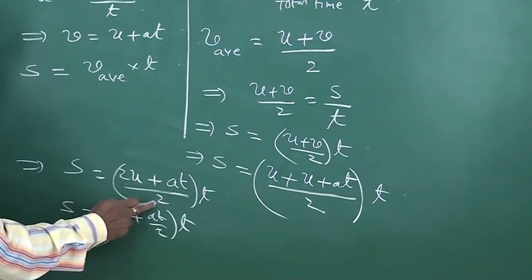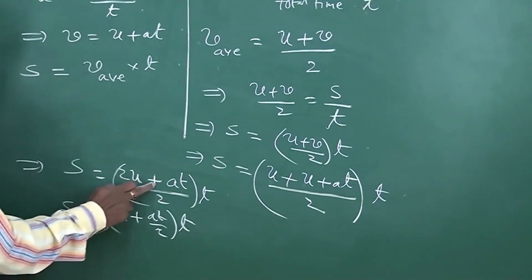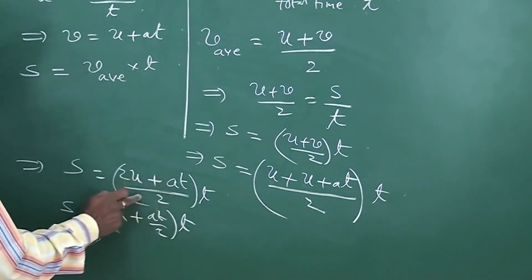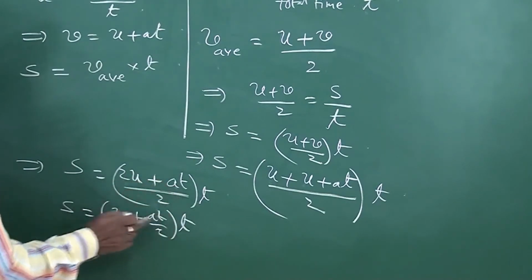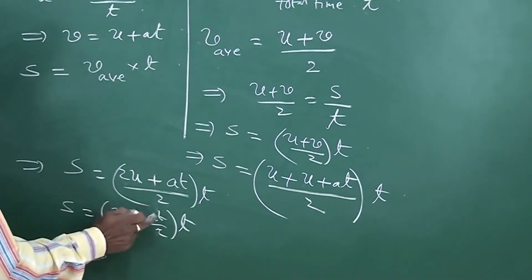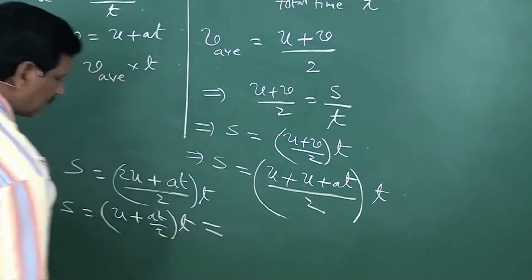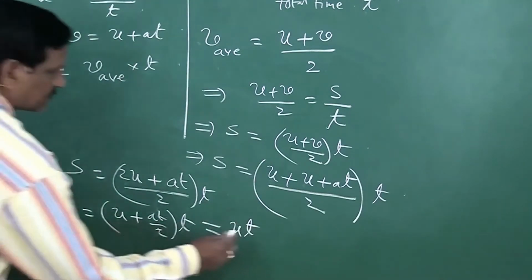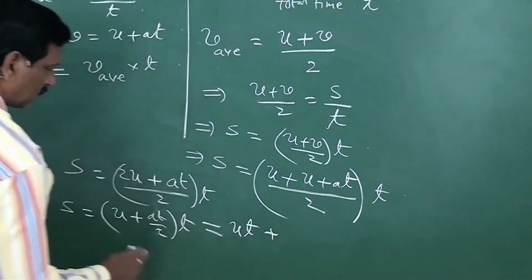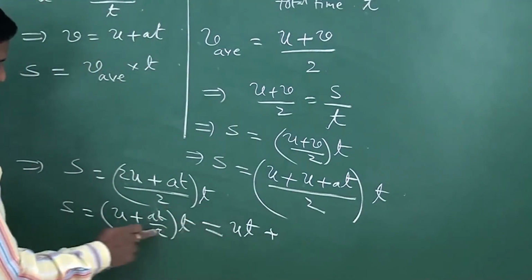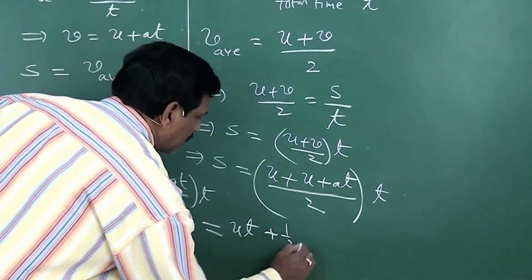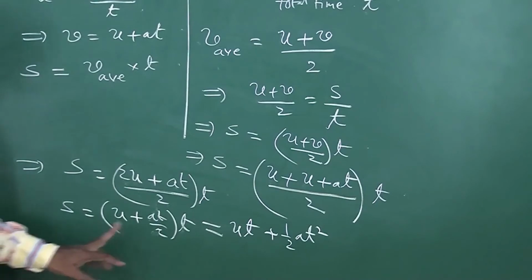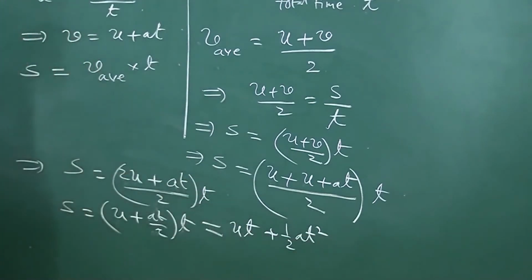We have to separate these two terms. This is equal to u into t, ut, plus at into t, at square by 2, that is half at square. So s is equal to ut plus half at square.